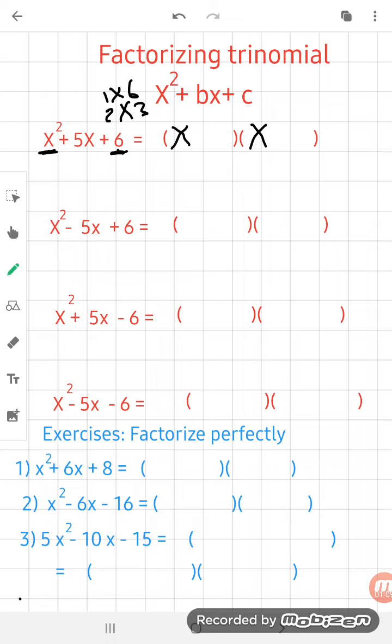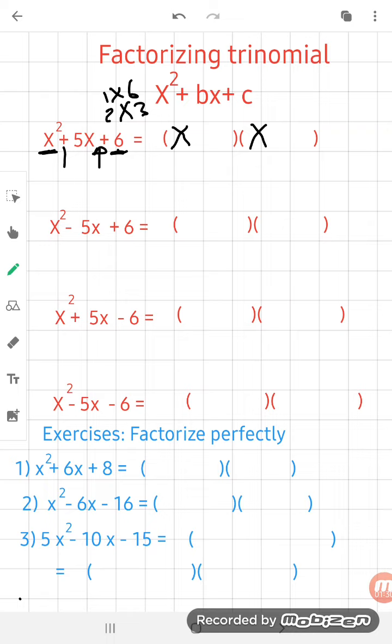Search for two numbers, their product is 6 and their sum is 5. Why did I say their sum? Because the last sign is positive.